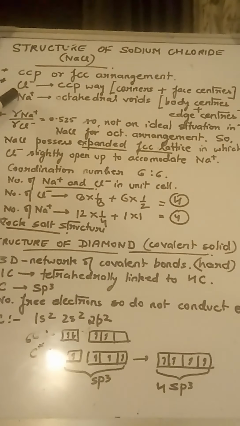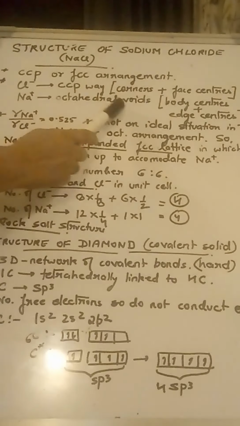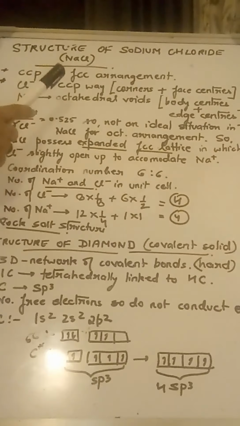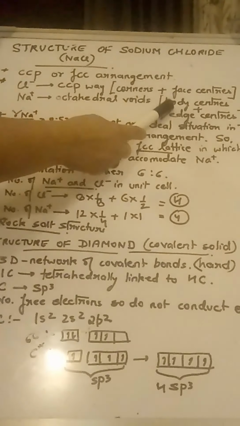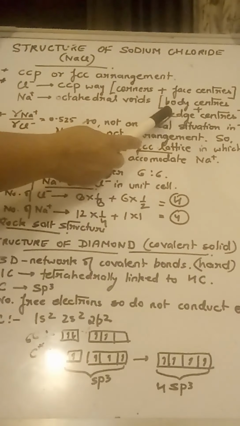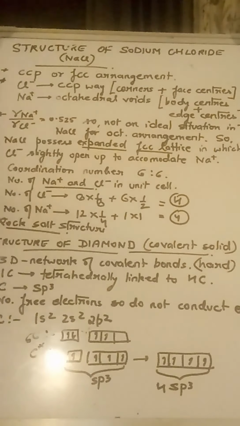Sodium ions are the cations, and cations generally occupy the voids. So sodium ions in the NaCl structure occupy the octahedral voids, at the body center and at the edge centers, right?